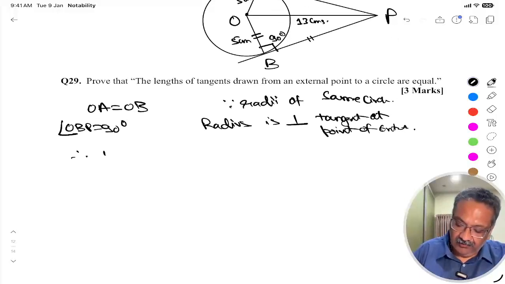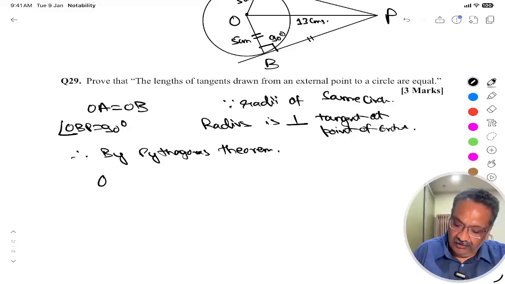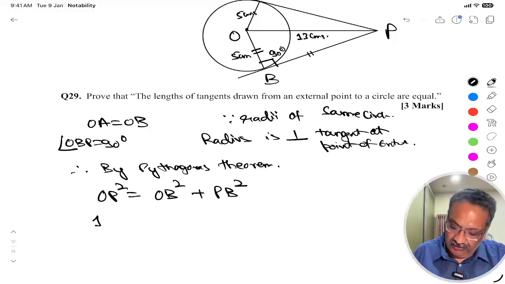Therefore, by Pythagoras theorem, OP square on the hypotenuse is equal to OB square plus PB square. OP is given to be 13 centimeters.